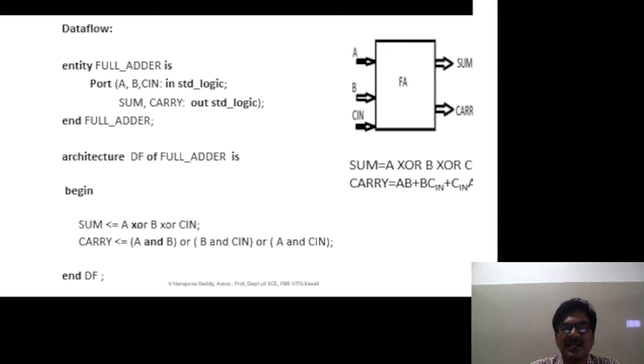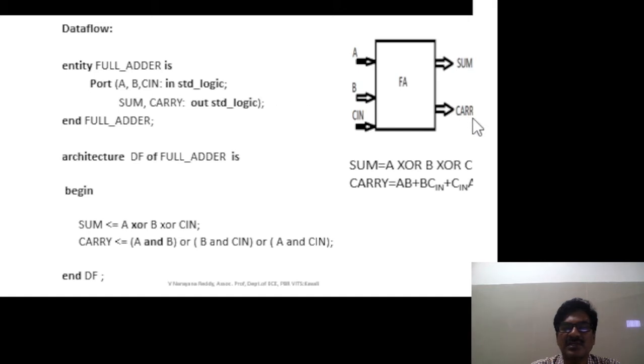First of all, the entity declaration. The entity declaration starts with the word entity, its name full adder, is. Then port, which includes all input and output signals. How many input signals here? A, B, Cin. I am declaring all of them in a single line: A, comma, B, comma, Cin, colon, in std_logic.